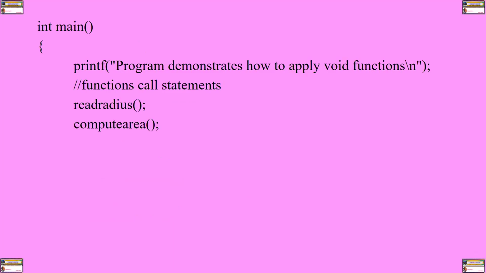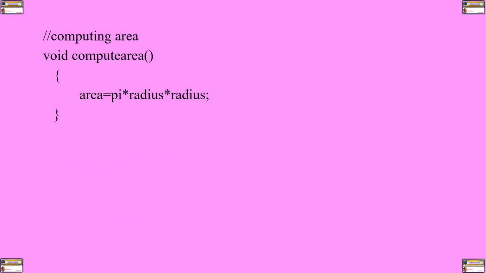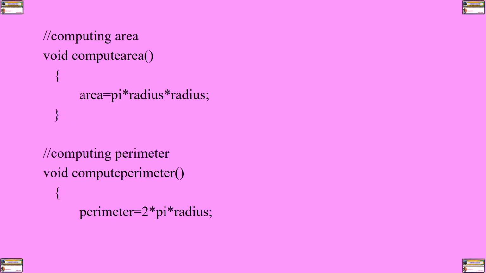The next line is a core statement to the function called compute area. Once this statement is encountered, the control will be taken to the function called compute area. This statement will be executed, and once this brace is encountered, the control will be taken back to the main.